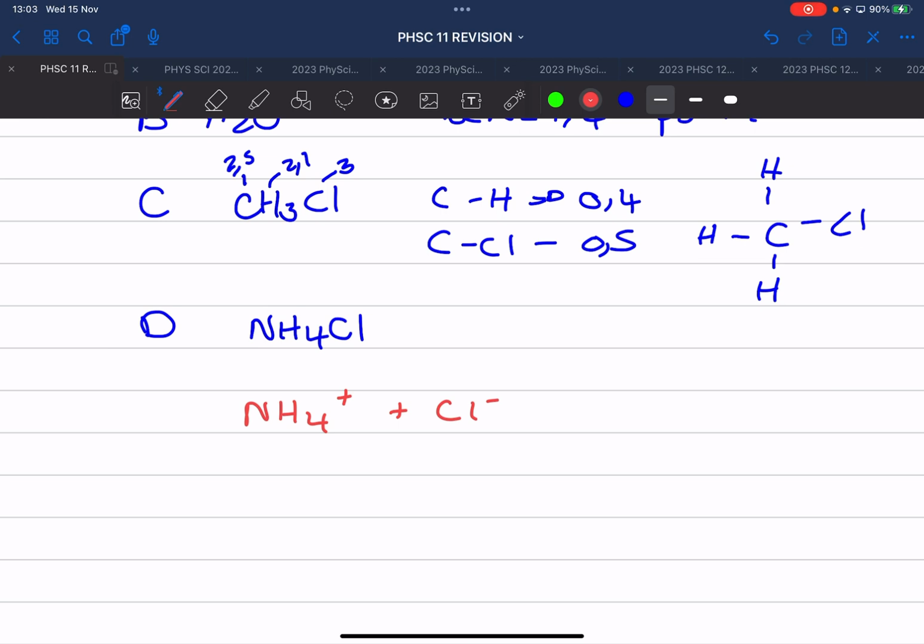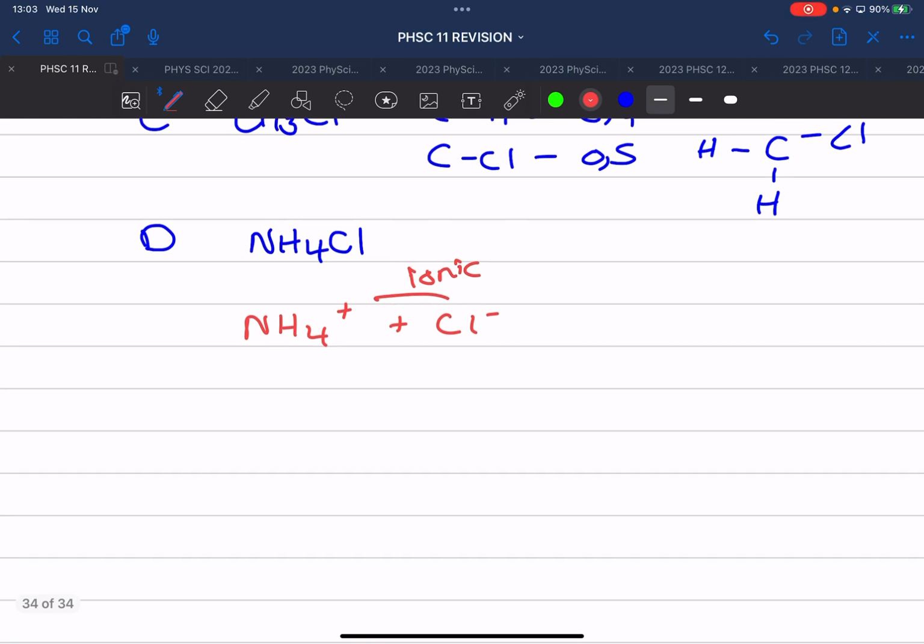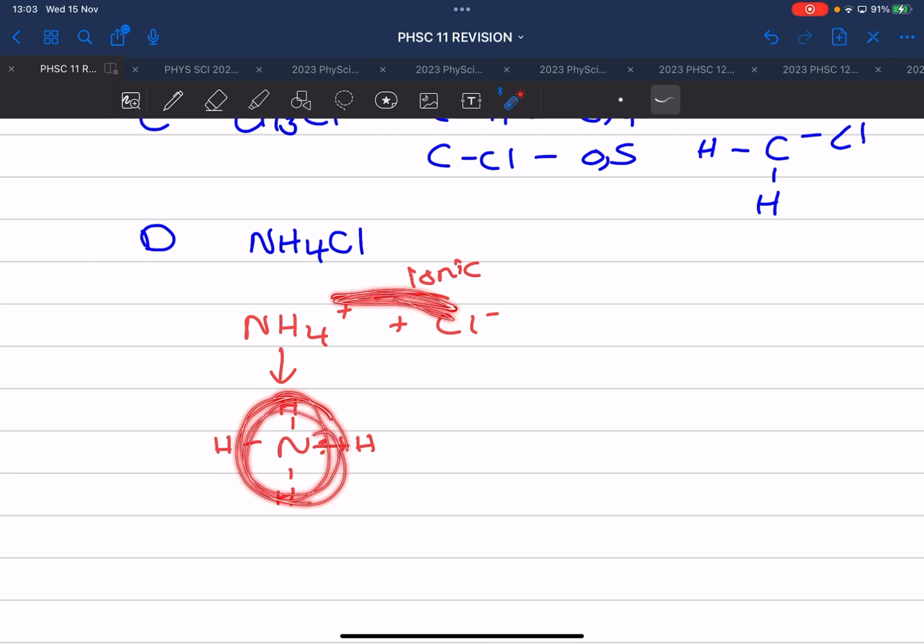So that is an ionic bond. But inside this thing, you have dative covalent bonds. So here you have a covalent bond, here you have an ionic bond, so the answer is D, the one that has covalent and ionic bonds.